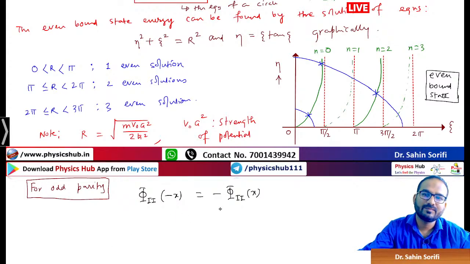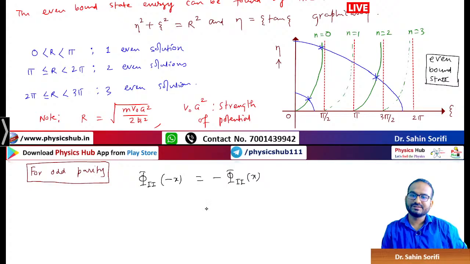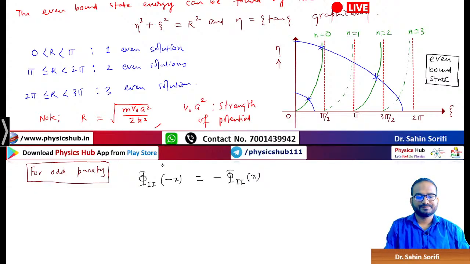And if you apply all those boundary conditions, the wave function is vanishing at the boundary and its first derivative is also vanishing at the boundary. Using that, you will get eta is equal to minus xi cot xi, and eta square plus xi square.